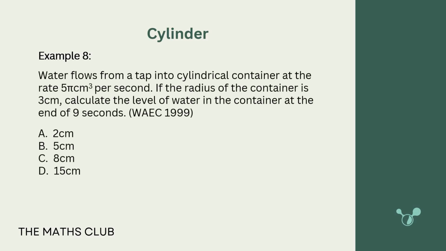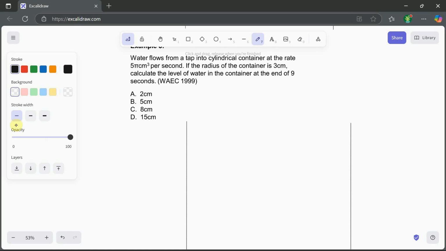Example 8 now says that water flows from a tap into a cylindrical container at the rate of 5 pi centimeter cube per second. If the radius of the container is 3 centimeters, calculate the level of water in the container at the end of 9 seconds. This is taken from WAEC 1999. First thing that we know is that the rate is centimeter cube per second, so that is volume over time, right?